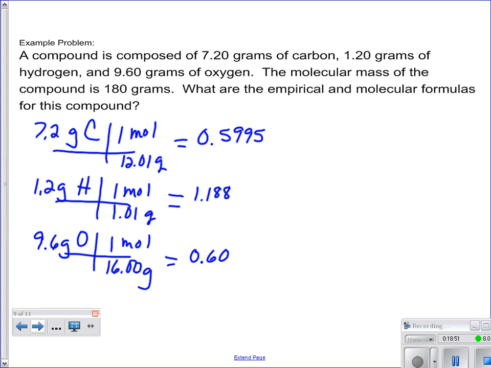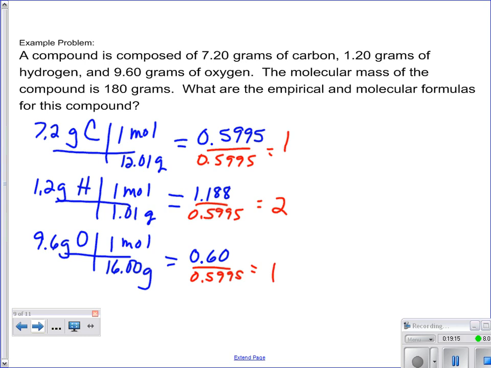So we're going to divide each of these by the smallest number. You can probably figure out what's going on here. So this ends up being 1, this ends up being 2, and this ends up being 1.